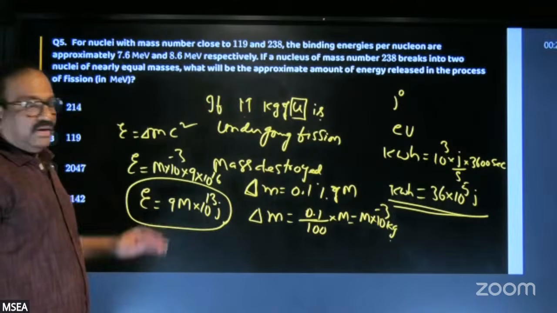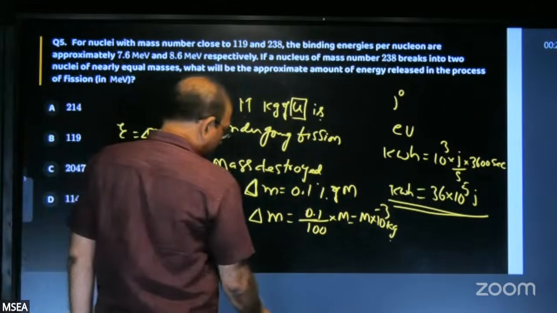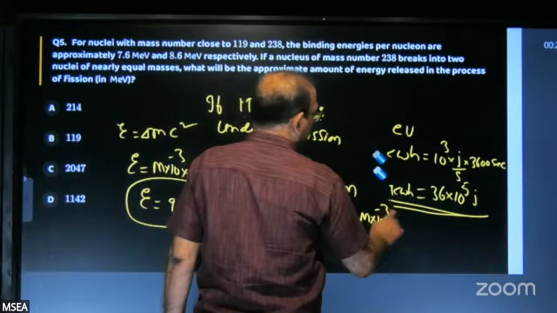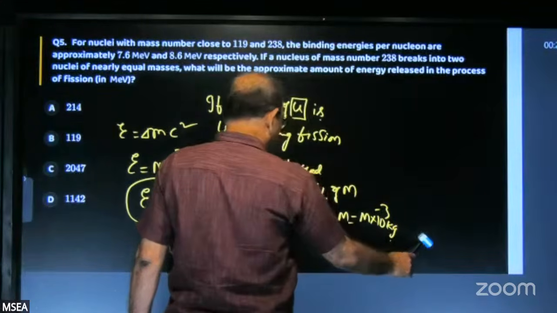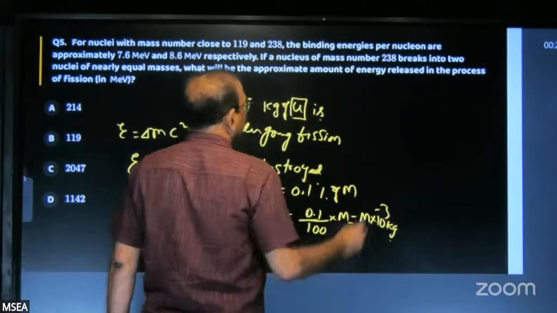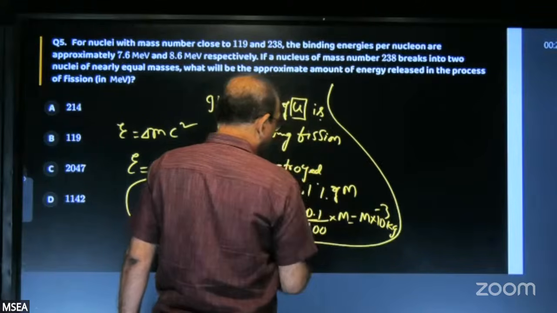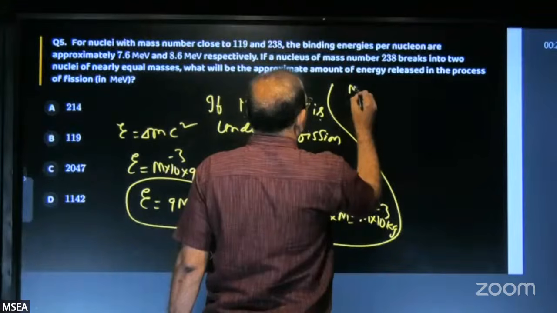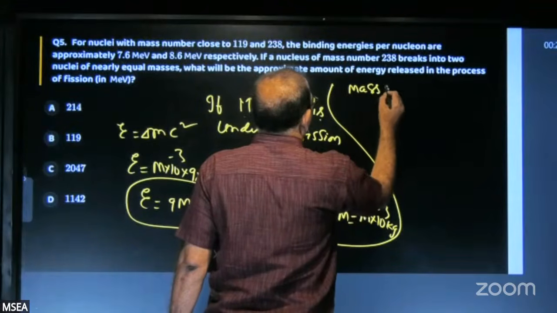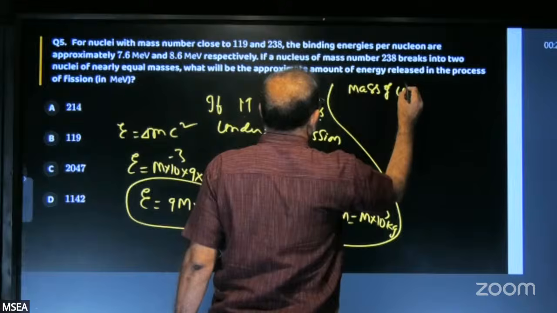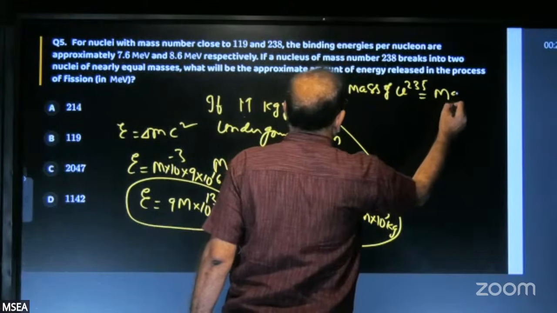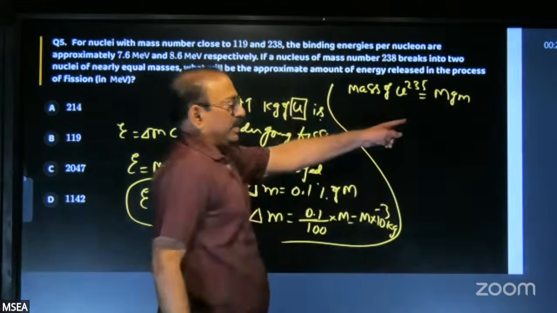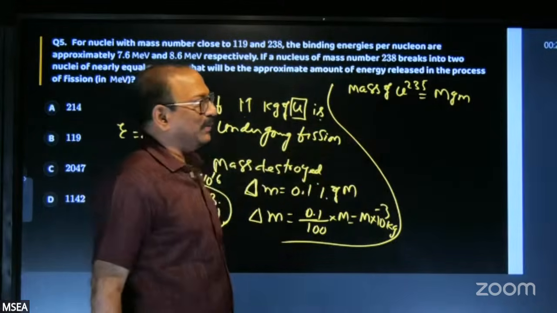Now in this, number of reactions problems also will be there. Number of fission reactions: what is this? Suppose the mass of uranium is m gram. Here I am taking gram because I have to apply the mole concept now.